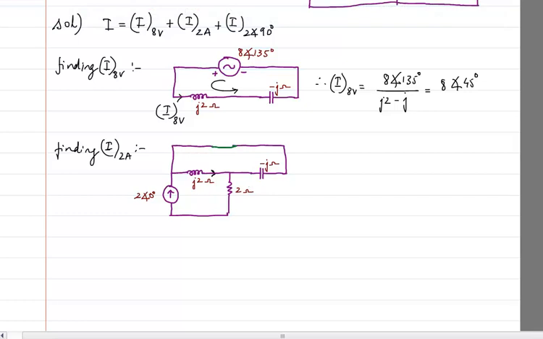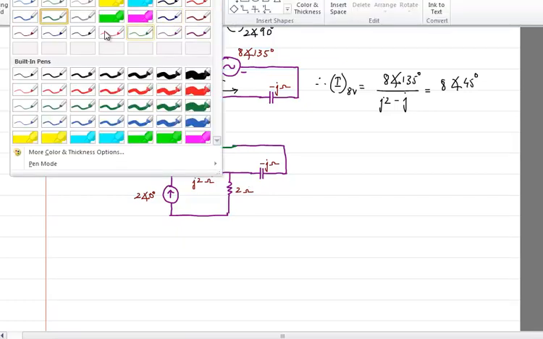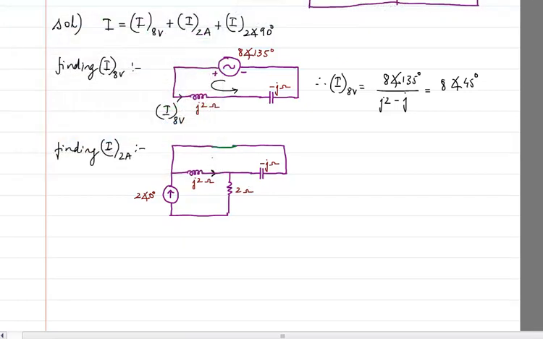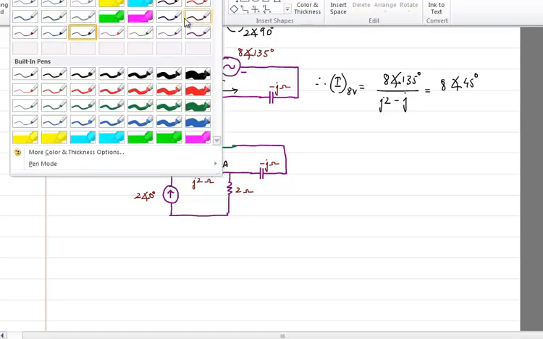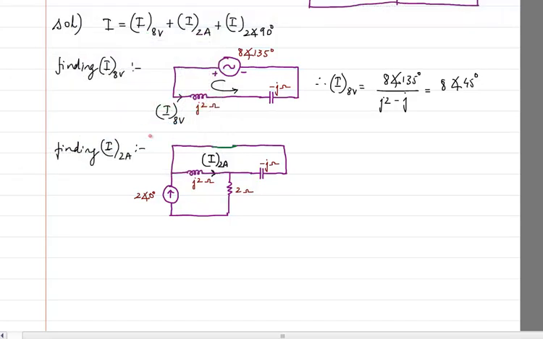I am interested in finding the current flowing in this direction because of the 2 ampere source, the current flowing through this one. Again, as you can see, there are 2 parallel branches here. Let me take some time to explain again because many people make mistakes.